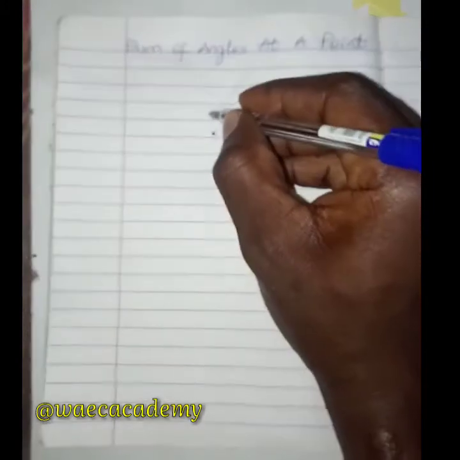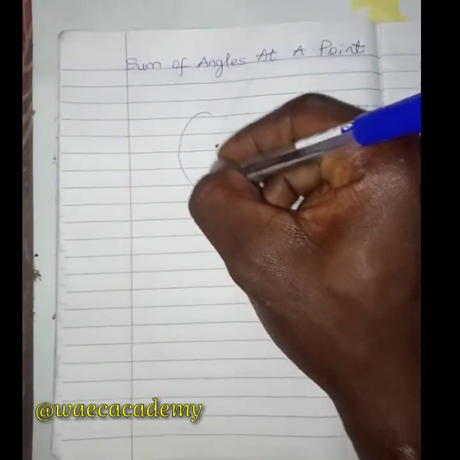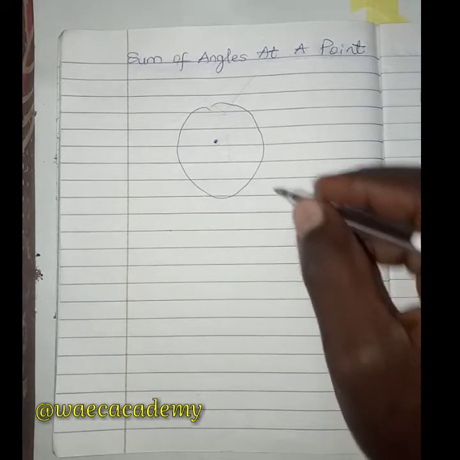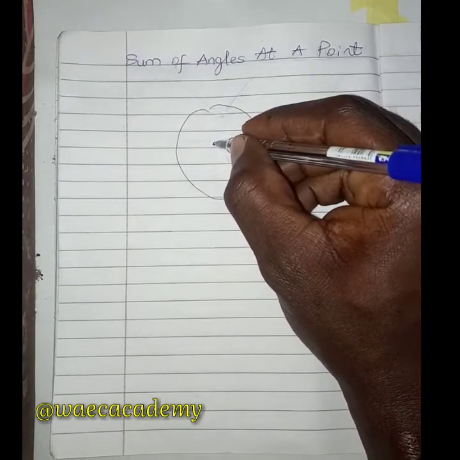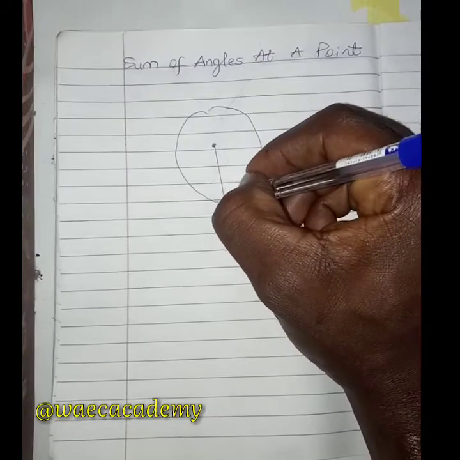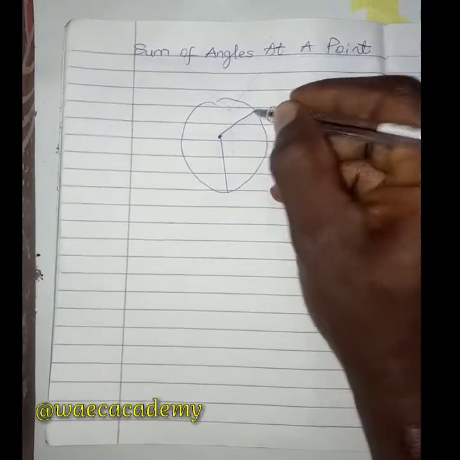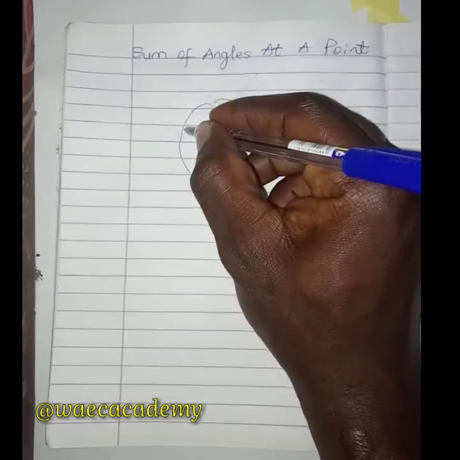Let's assume you have the center of the circle and you have a circle over here. Don't mind the way my circle looks. For this circle, this is a radius here, another radius over here, yet another one here.